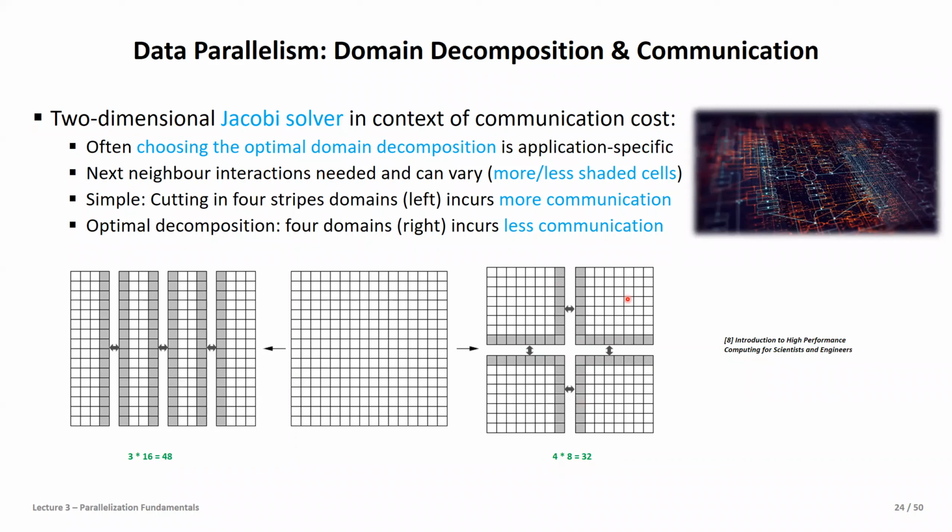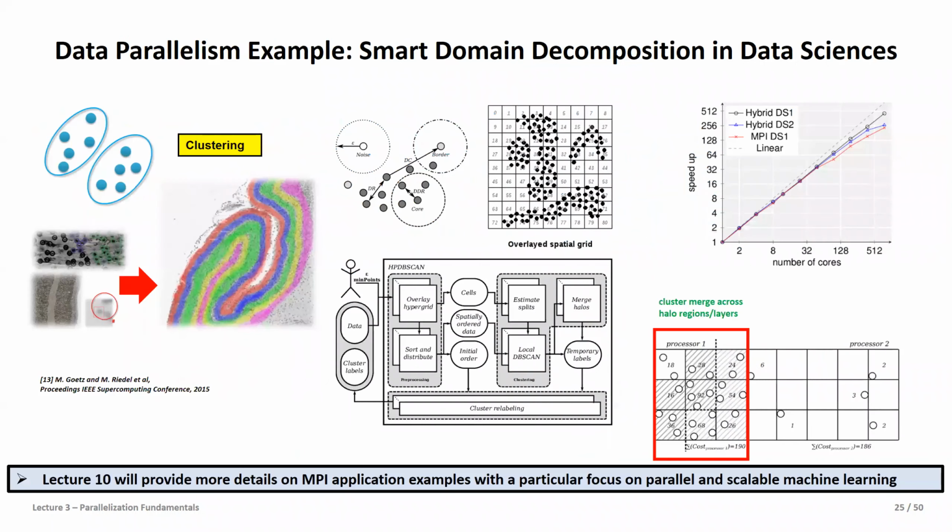And of course, think about that this communication is done per time step again and again and again in order to solve a problem. And with this we have just 4 domains, which have less communication. So it really matters how you do domain decomposition. In lecture 10, we will review this explicitly, also with different load balance issues, which you will learn about in the next lectures, where there are many points on one process and fewer points on the other processes.